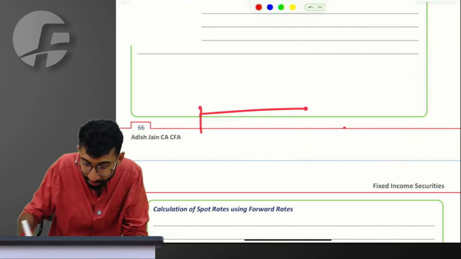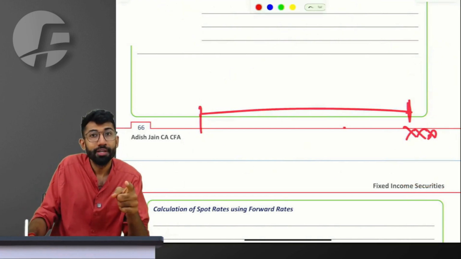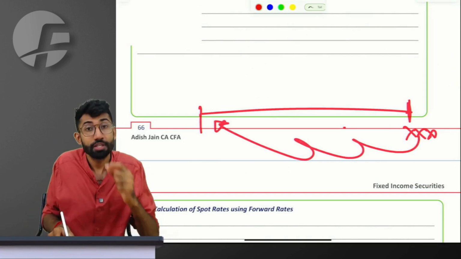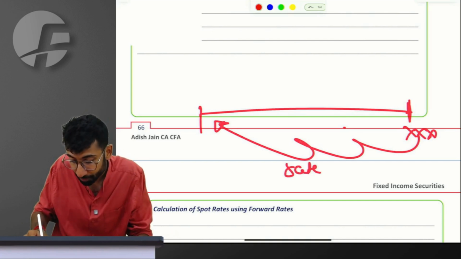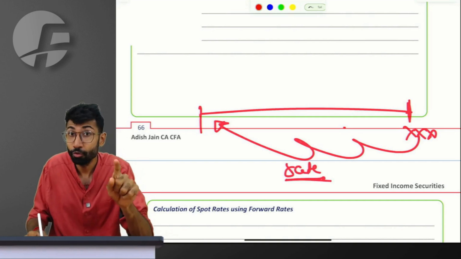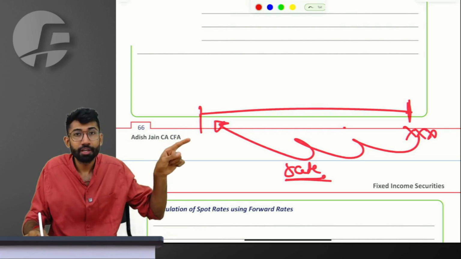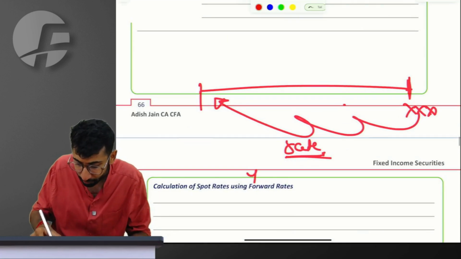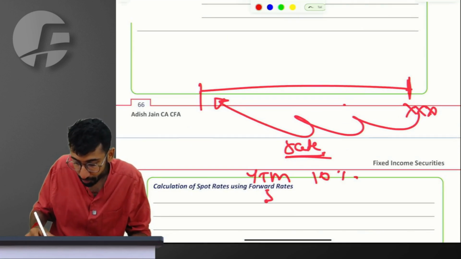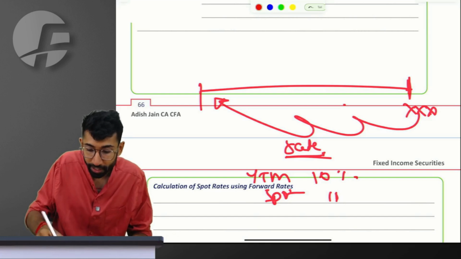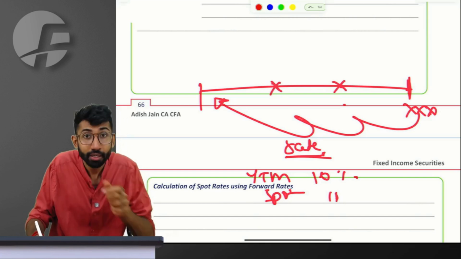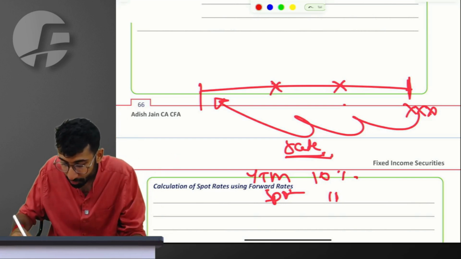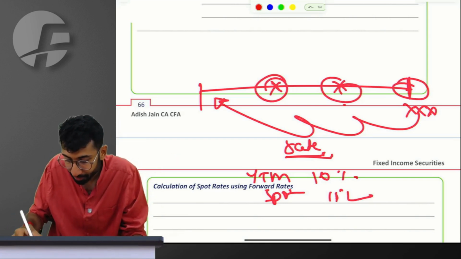If the cash flow is already there and you need to discount it using a particular rate, you have to identify that if YTM is 10% and the spot rate is 11%, and the cash flows also include intermediate cash flows, you cannot discount all the cash flows using a single spot rate.